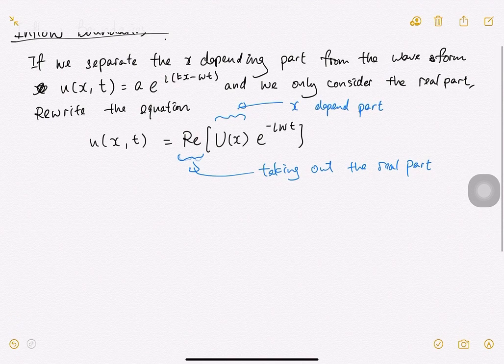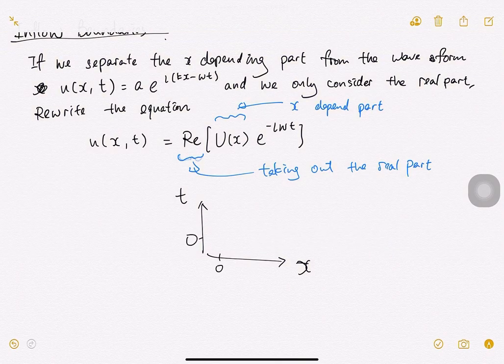And why do we write that? Because if this is x and this is t, and this is 0, and we want to apply a boundary condition here where x equal to 0, for all the time steps, we are actually prescribing a function to this. So that's why we are rewriting this part.